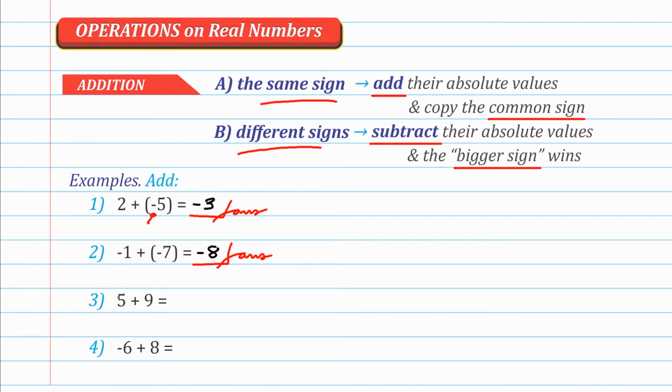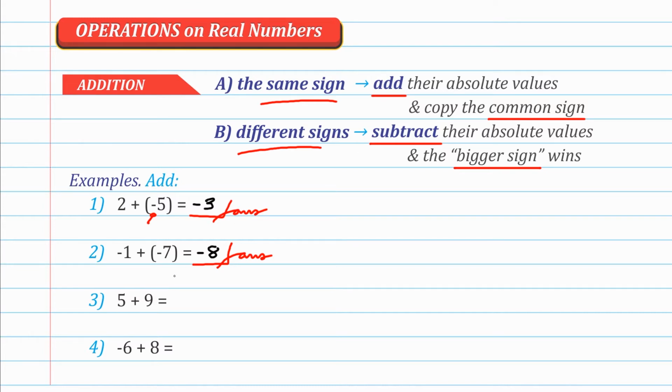Next, number 3. 5 plus 9, of course we know, is 14. But of course, you can still use our technique here, just for checking if our technique can really work even in this very simple problem. We're adding, as you can see, positive and positive. They have the same sign. And according to our technique, what we want to do is add their absolute values.